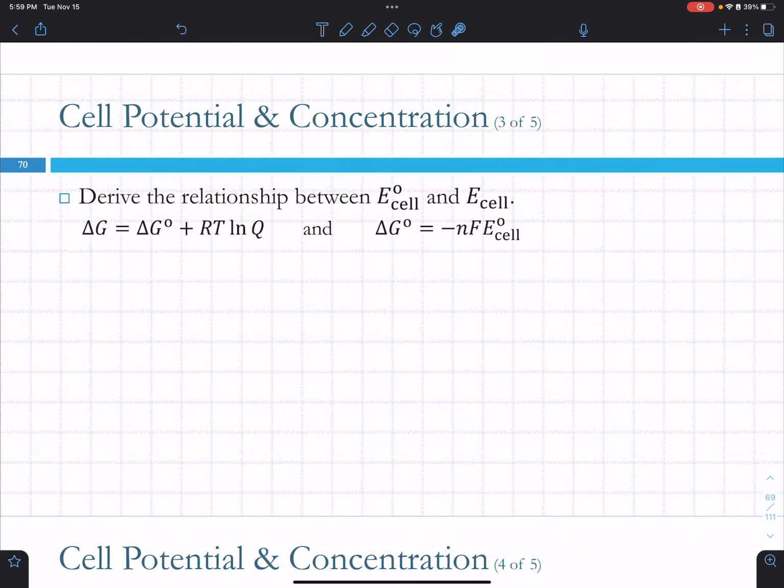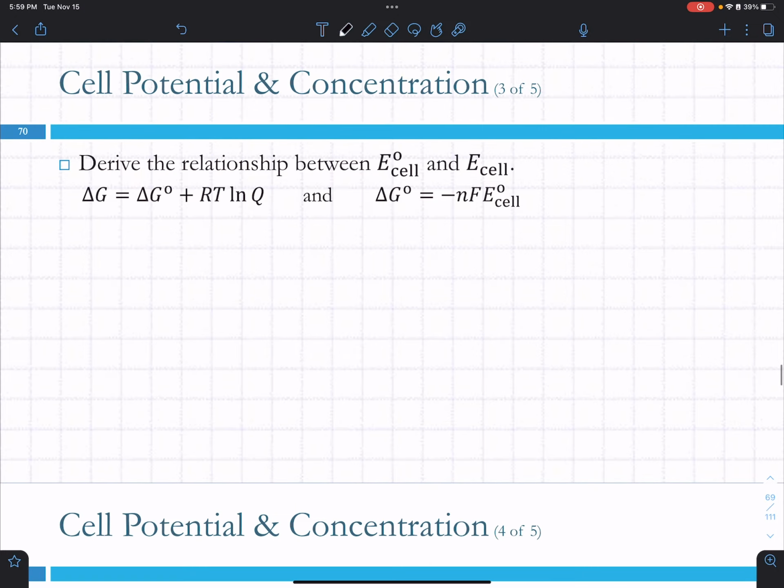Okay, this derivation's kind of crazy. Delta G at standard conditions is equal to negative NFE at standard conditions. Delta G at non-standard conditions is equal to negative NFE at non-standard conditions. So we can plug the same equation in here for both.